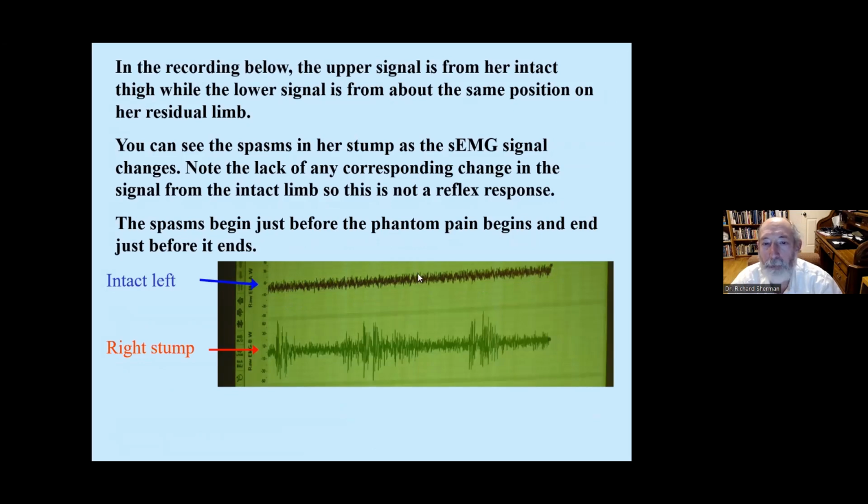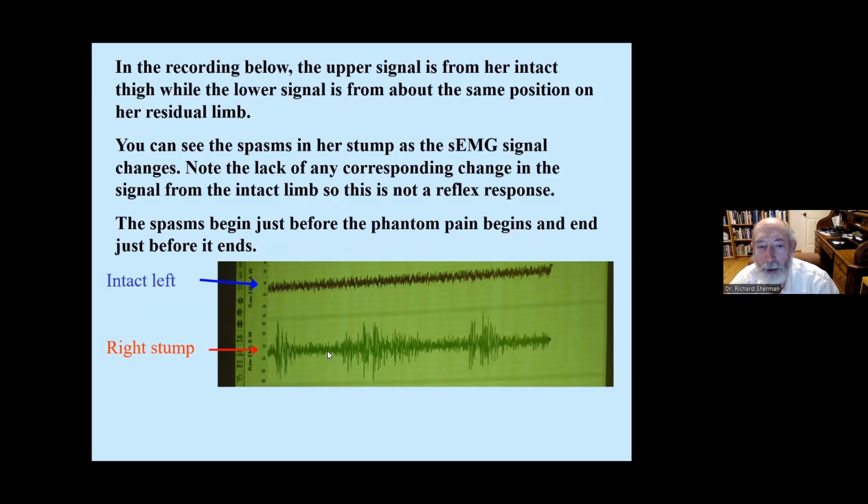So here's the woman's intact limb. There's nothing happening. It's just going along. This is a raw muscle tension signal. But here's the stump that you were just looking at. See the muscle tension changing? When she feels pain, first the muscle tension goes up, then a split second later the pain comes on.